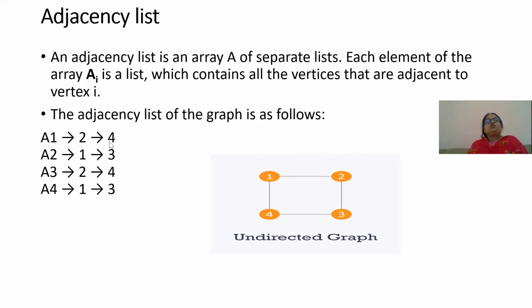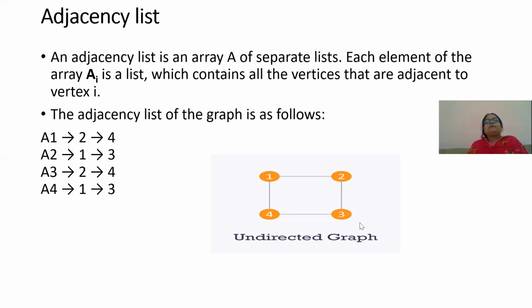contains 2 and 4 because vertices 2 and 4 are adjacent to vertex 1. This is the array of vertex 2. 1 and 3 are adjacent to 2. There is a direct edge to 1 and 3, so 1 and 3 are adjacent to node 2.